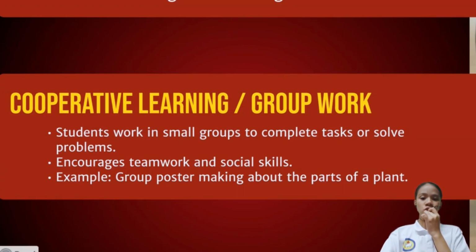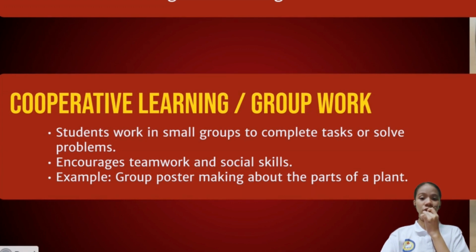This approach strengthens students' ability to communicate, negotiate, and support one another, making it especially effective in building teamwork, social interaction, and collaboration skills.